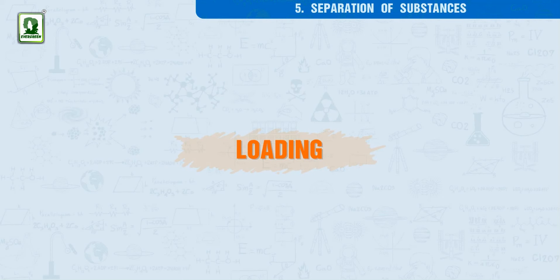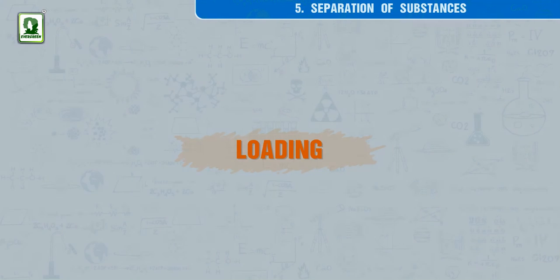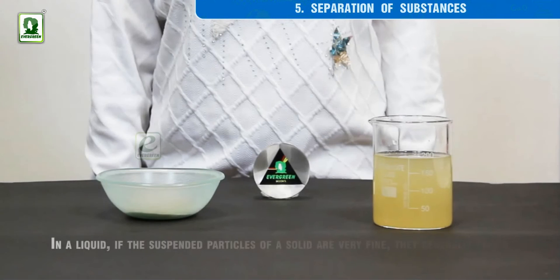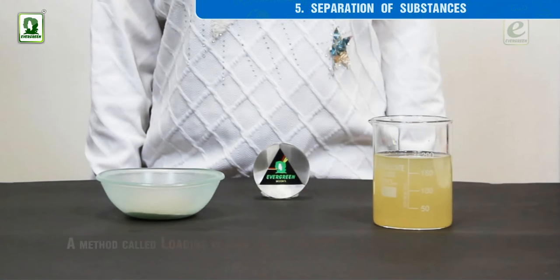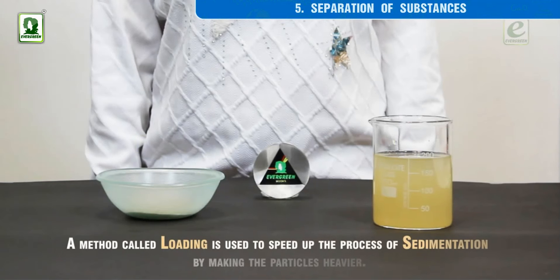Loading. In a liquid, if the suspended particles of a solid are very fine, they generally take a long time for settling down. A method called loading is used to speed up the process of sedimentation by making the particles heavier.